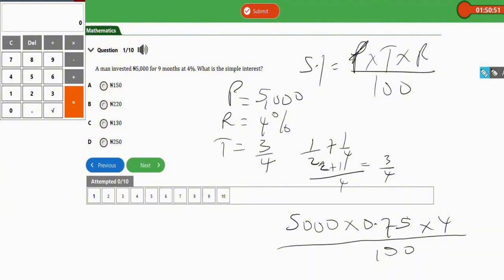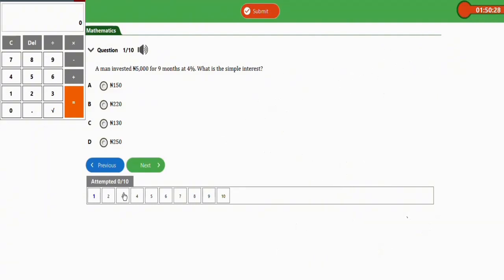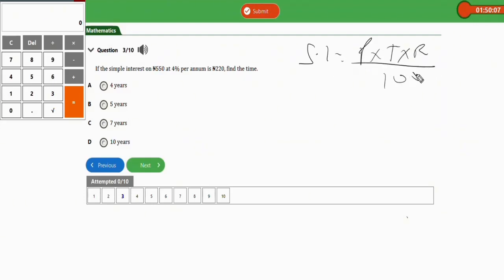Let's wipe this and go to the next question. It says, if the simple interest on 550 naira at 4% per annum is 220 naira, find the time. Our formula: simple interest equals principal times time times rate over 100. In this question, we are looking for the value of time.